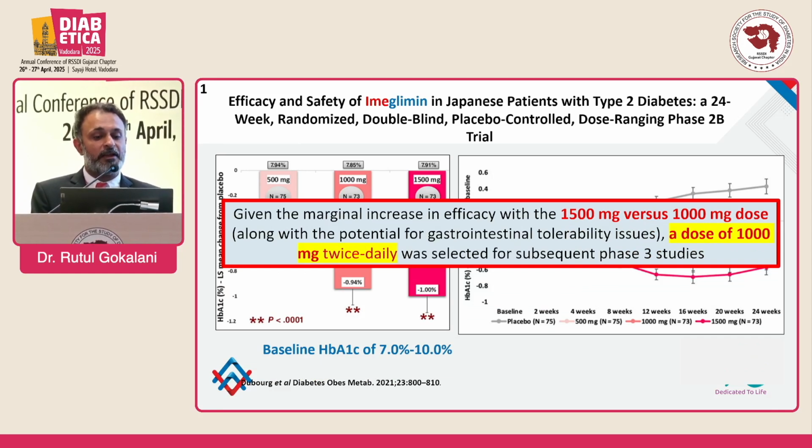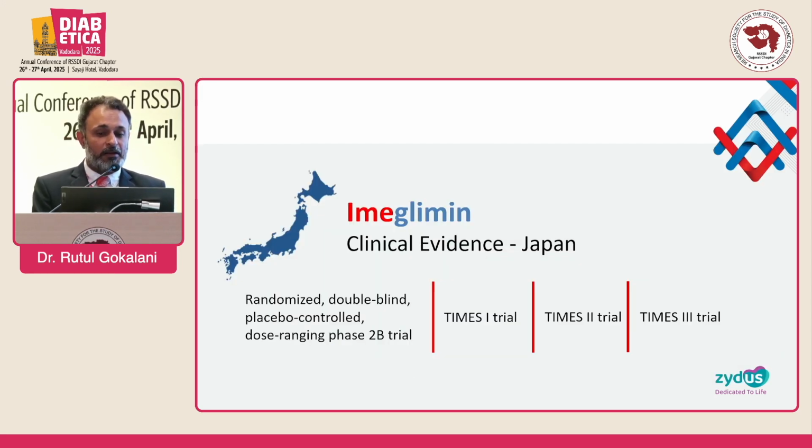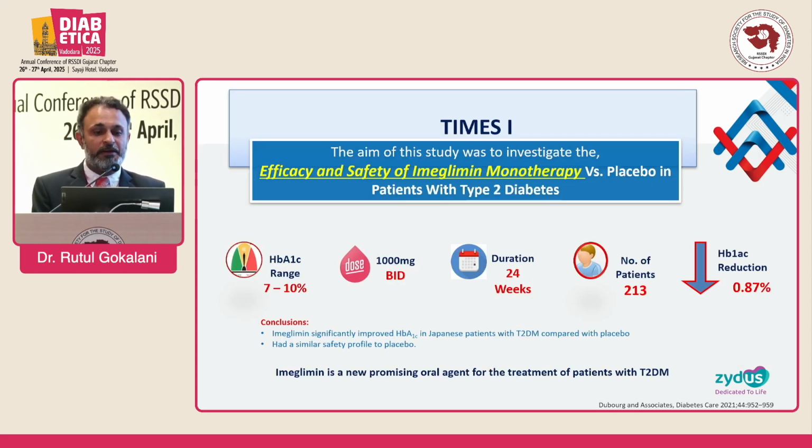At 1000 milligram it showed around 0.9% reduction, but at 1500 milligram it reduced almost 1% of HbA1c.